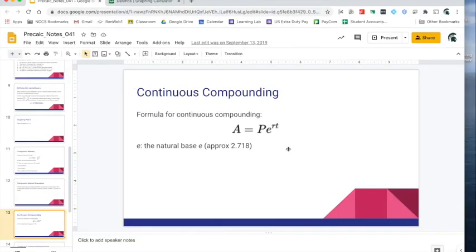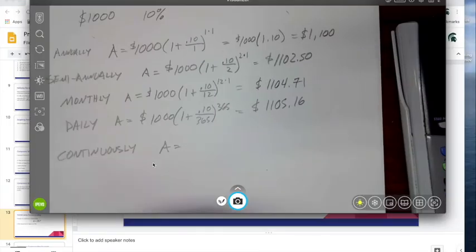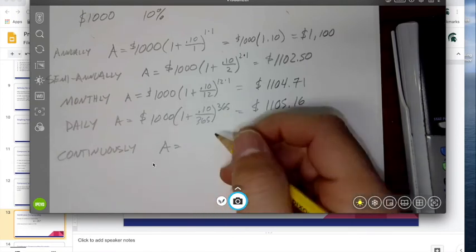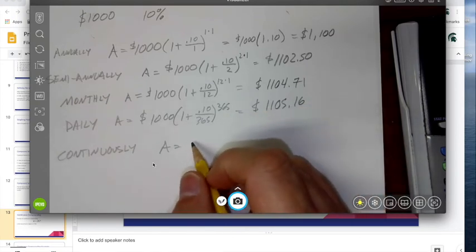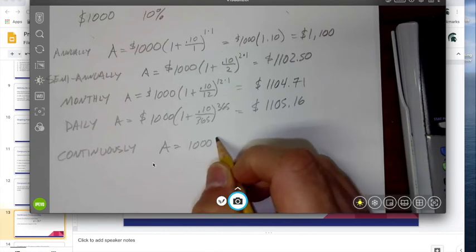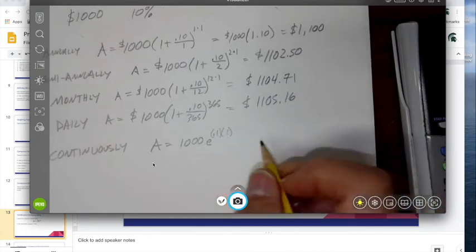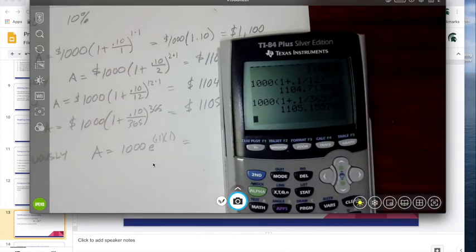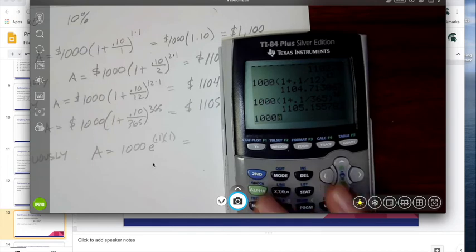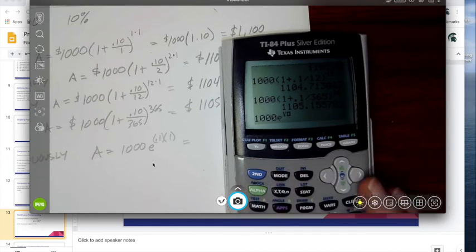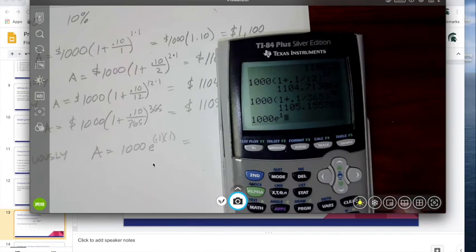So going back to our camera here, we have $1,000. Now this will be times e to the 0.1 times still 1 year. Okay, so let's see, this time 1,000 e to the 0.1, not times 1, to the 0.1.